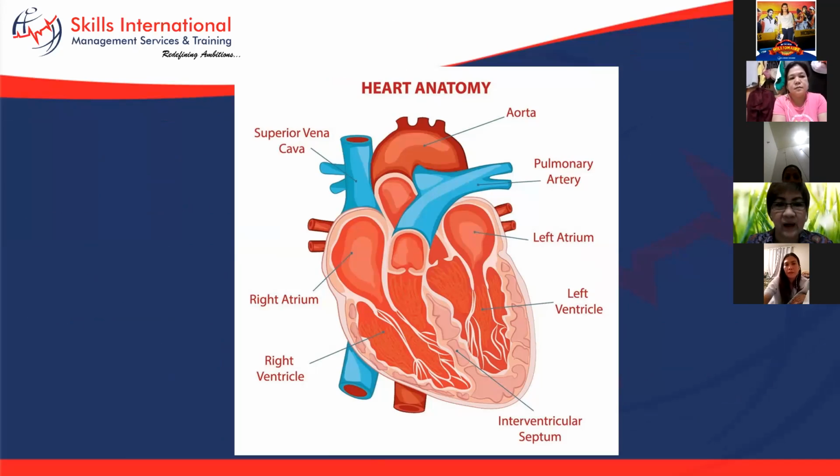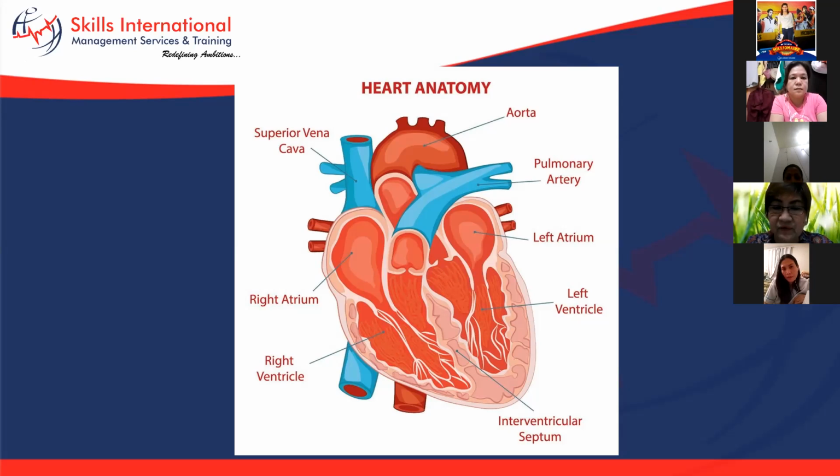So we are going to proceed on the anatomy of the heart. To the left side, we have the superior vena cava. It's the big vein. There is an aorta there. The pulmonary artery is where the supply of blood is going to the respiratory system.